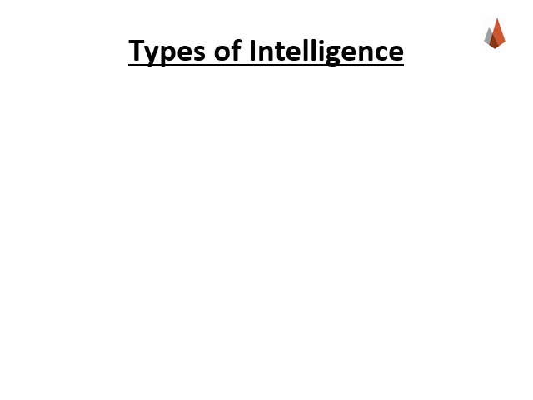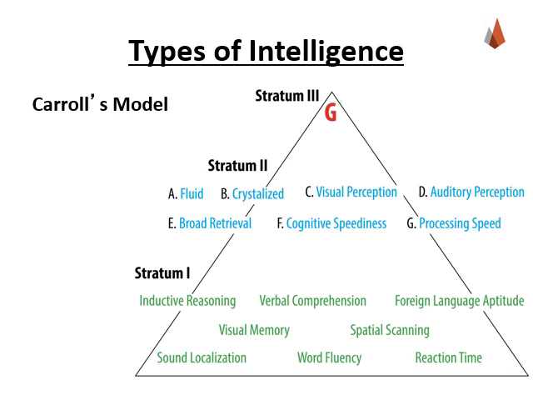So now we get into a little more about types of intelligence. Carroll created this model thinking that maybe there were multiple levels of intelligence that over time led up to this whole concept of G. If you look at level 1, you've got stuff like fluency, verbal comprehension, foreign language aptitude, which means I'm pretty much screwed.